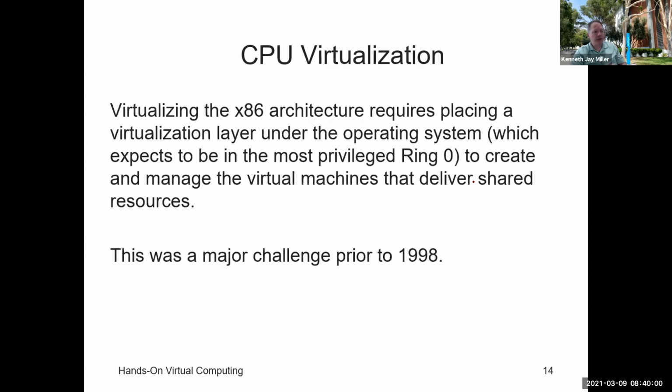So when we virtualize this, it allows the virtualization to get underneath ring 0, which is the most privileged ring. So now the virtualization layer sits on top of the hardware, and then the operating system is above the virtualization environment.